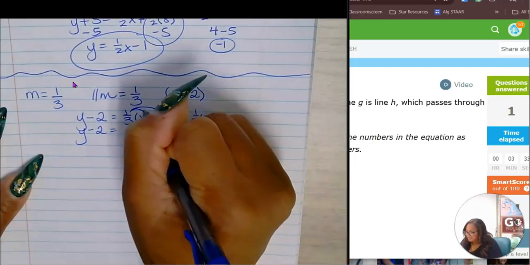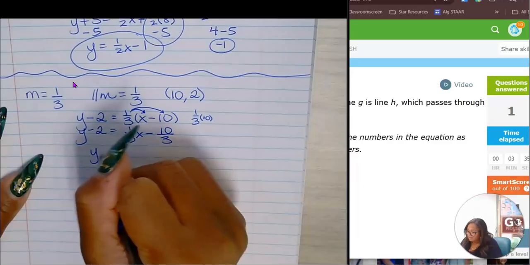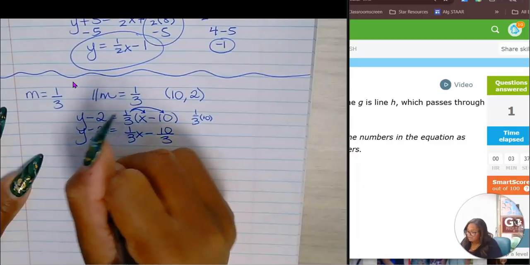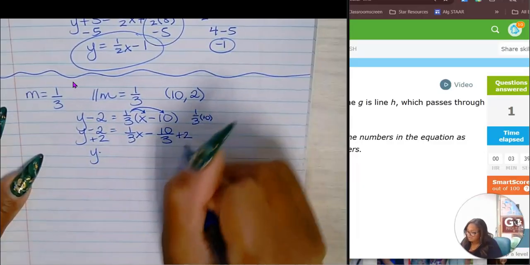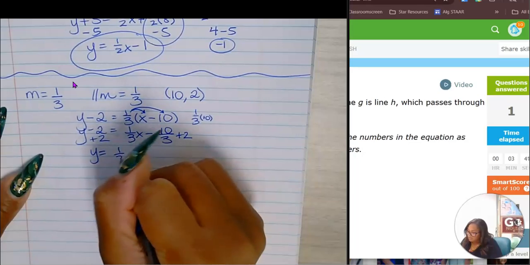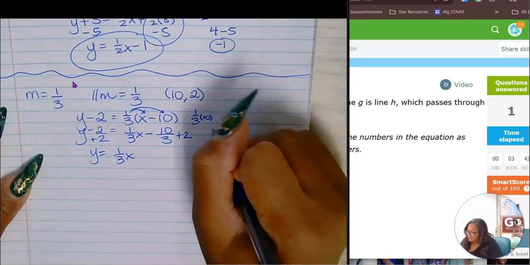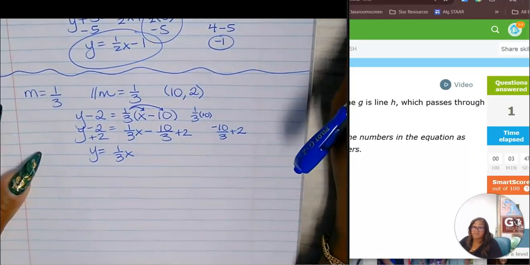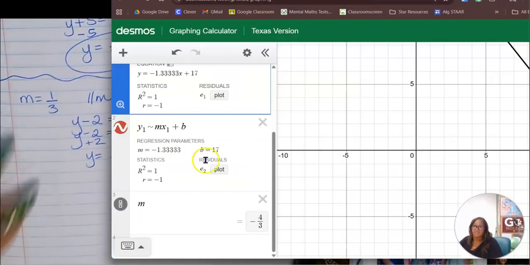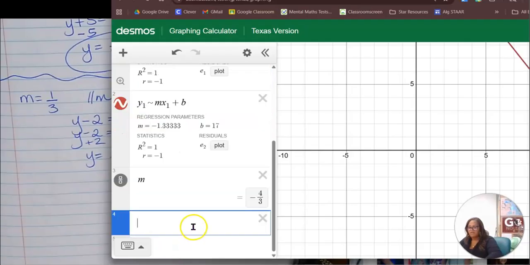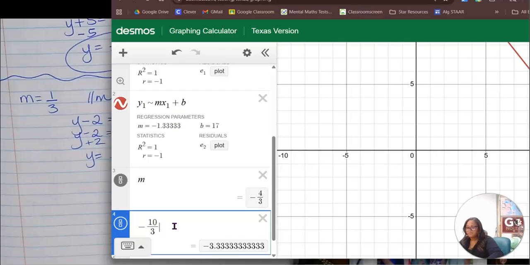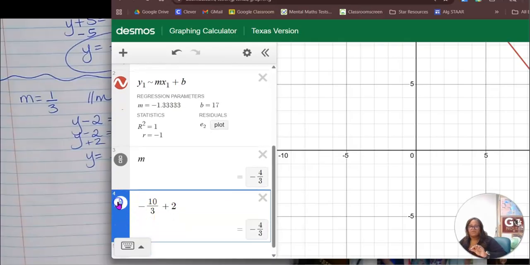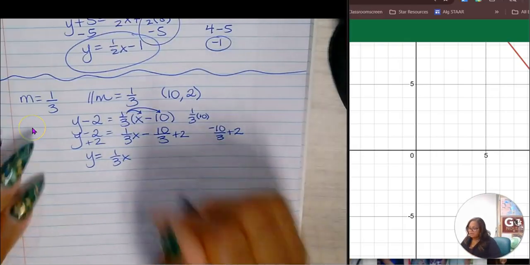Multiply, multiply. Then it becomes y plus 2 equals 1/3 x, and then I have negative 10 thirds plus 2. Go to Desmos. We don't have to find common denominators because we have a calculator. Negative 10 thirds plus 2, turn it to a fraction, negative 4 thirds.